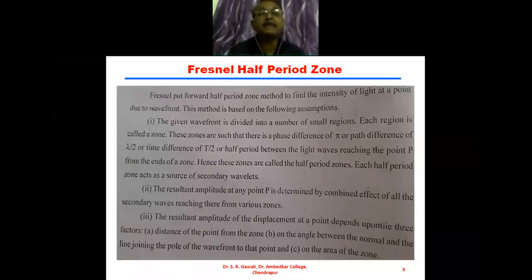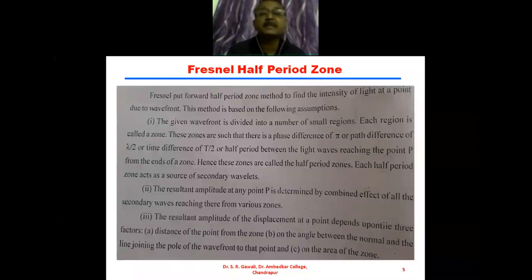Circular regions are called half period zones because the phase difference between the light waves reaching the point P from the ends of the zone is pi, or path difference of lambda by 2, or time difference of T by 2, half period, before reaching the point P. Hence these zones are called half period zones.